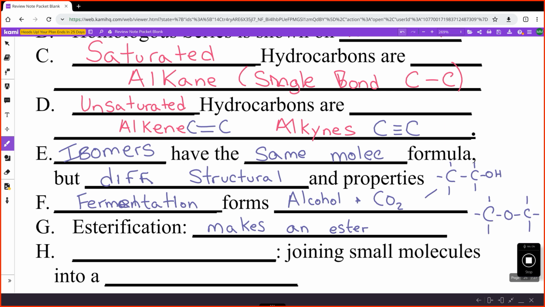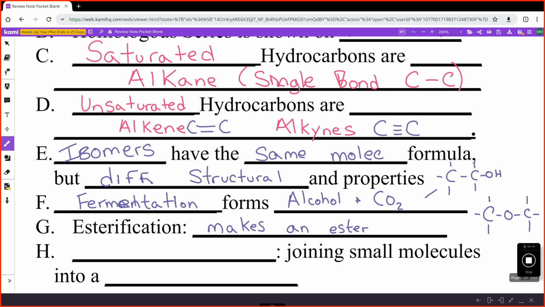At a higher level of chemistry, you would say something like an aldehyde and an organic acid come together to make an ester. And that's true. I don't teach it that way, but some people do. I know that the Regents really only cares that you can identify something as esterification because the product is an ester.